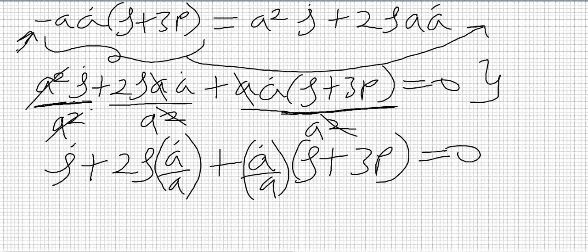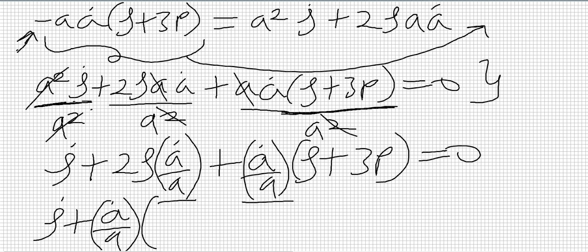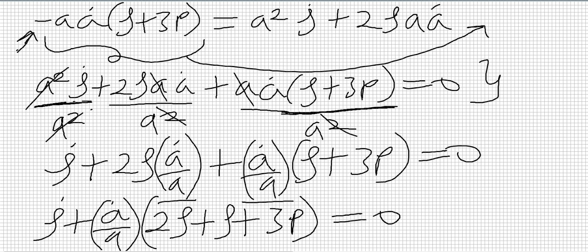Okay, now we see that a dot on a is common here. So we factorize it to make it simpler, and we get rho dot plus a dot on a into 2 rho plus rho plus 3p equal to 0.